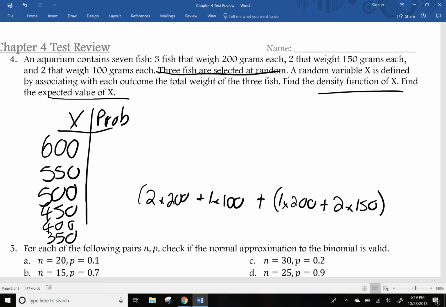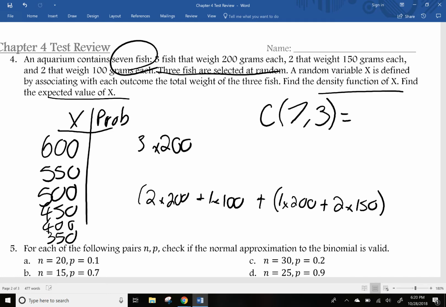So the probability now of choosing, let's say, the 600 grams. Remember, 600 grams was all 3 of them were the 200 grams. So remember, you're choosing 3 fish out of how many that are here? 7. There are 7 in total. You're choosing 3.